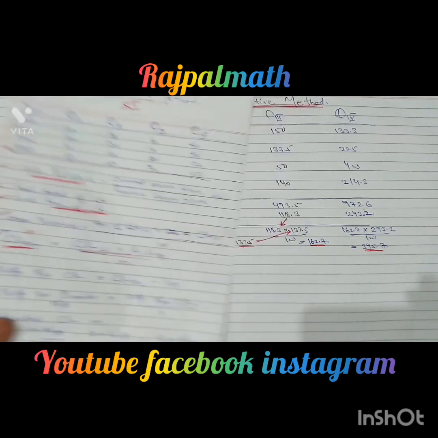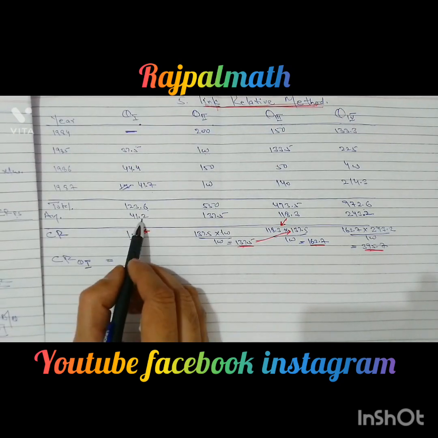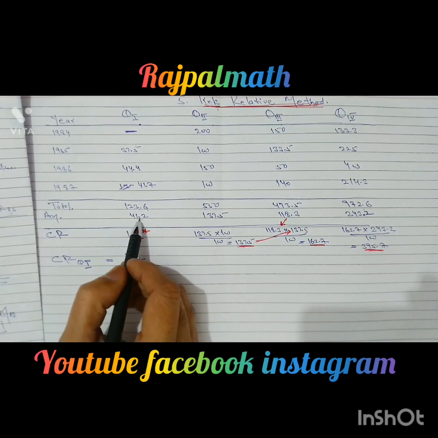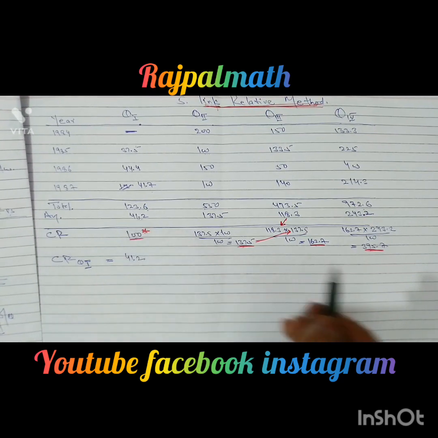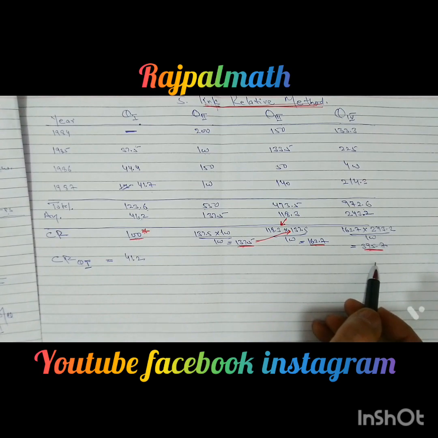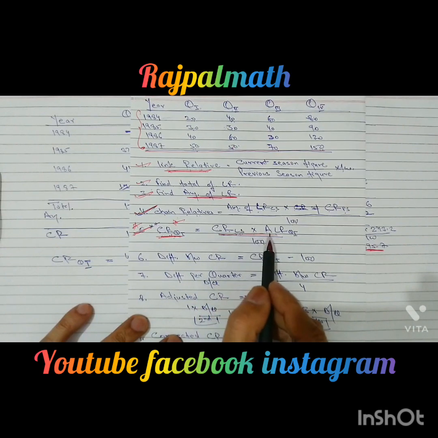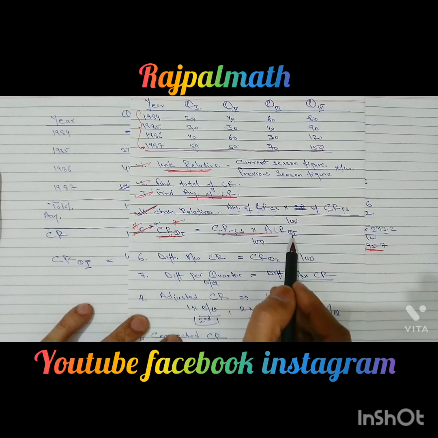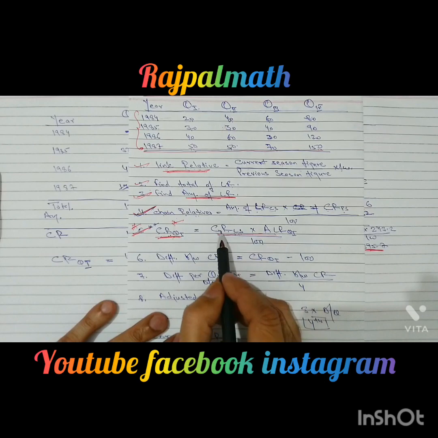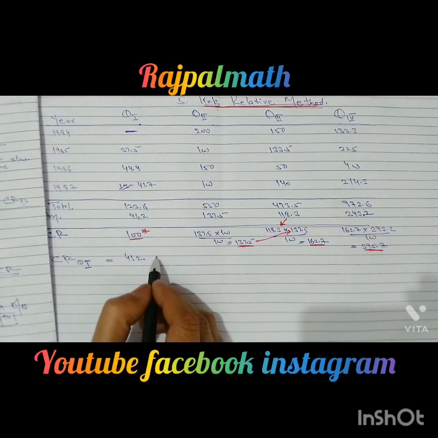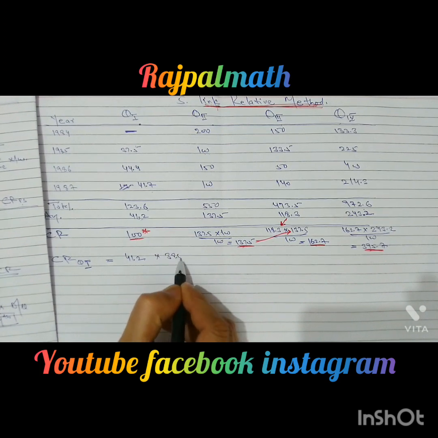Clear? Average of first quarter is 41.2, this one, into CR of last quarter, 395.7. Formula was CR of last quarter into average of link relative of first quarter, divided by 100. CR of last quarter is 395.7 into 395.7.